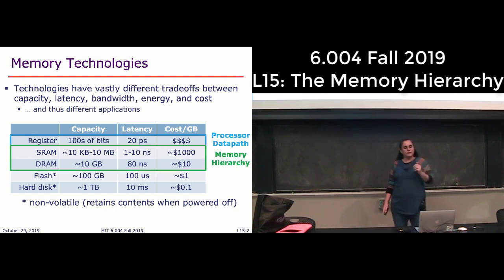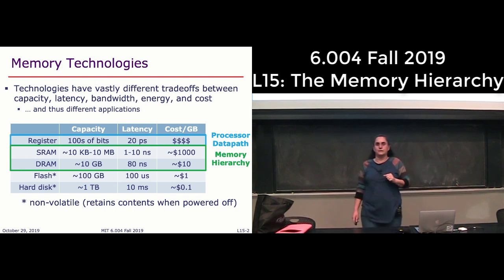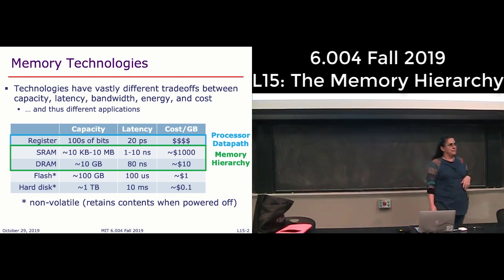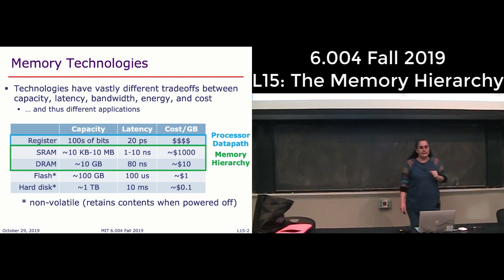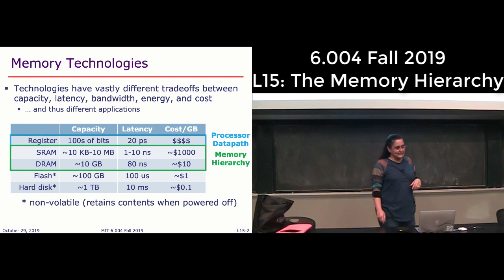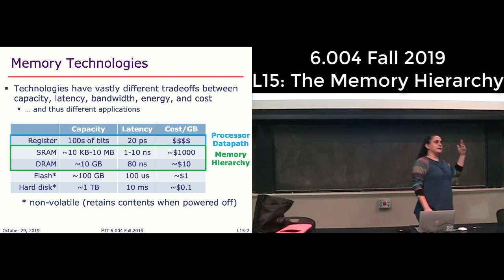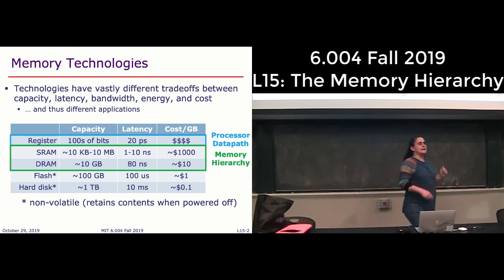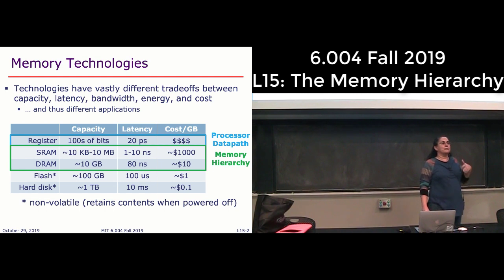So then we move on to our SRAM and DRAM technologies. Now we can have on the order of gigabytes of memory, but of course, we're paying a little bit in terms of speed. We're going to see in today's lecture how we deal with that. Basically, our main memory, both our instruction memory and our data memory, is going to be made of these SRAM, primarily DRAM, but also SRAM technologies.